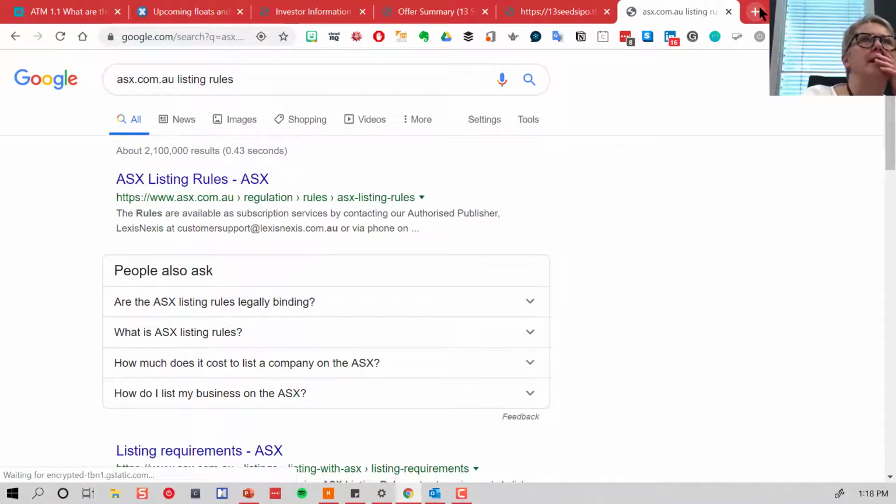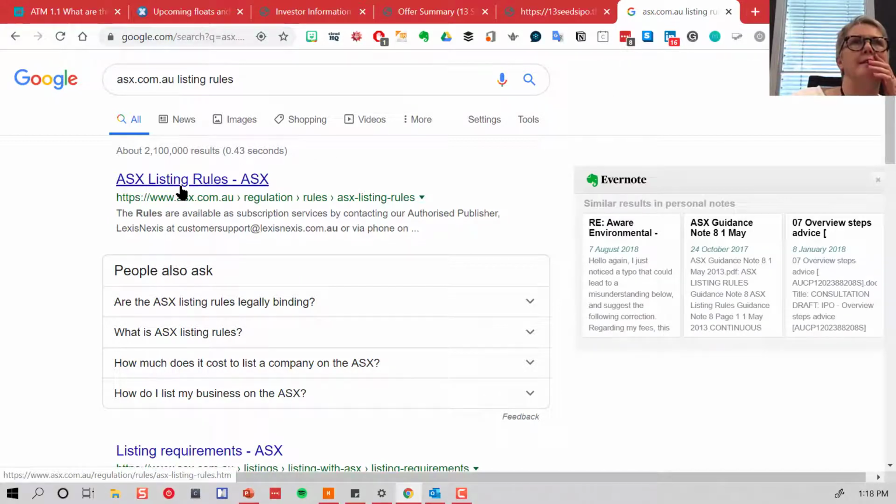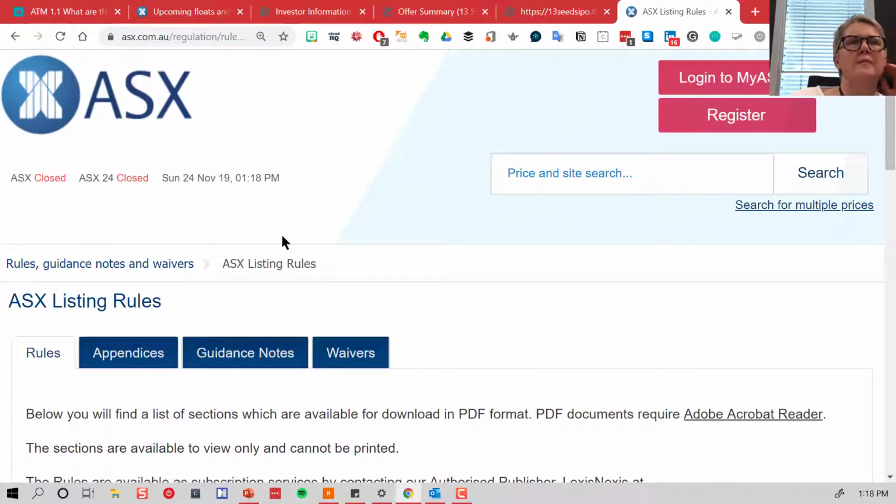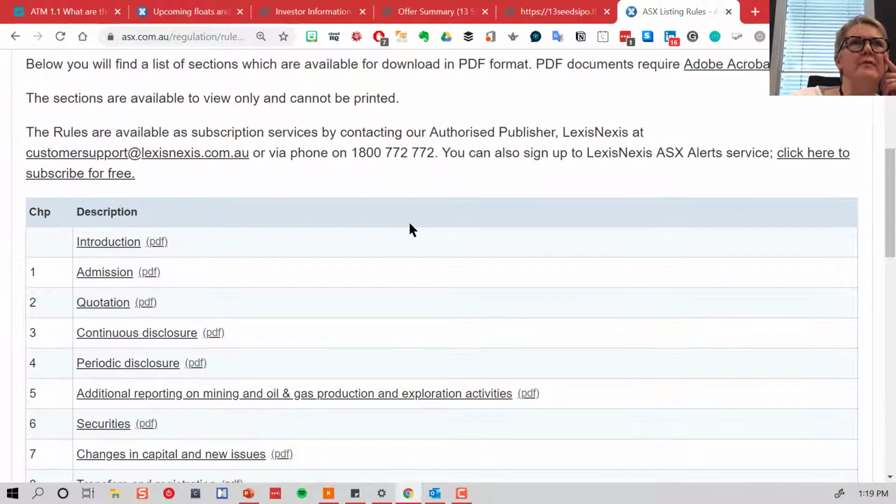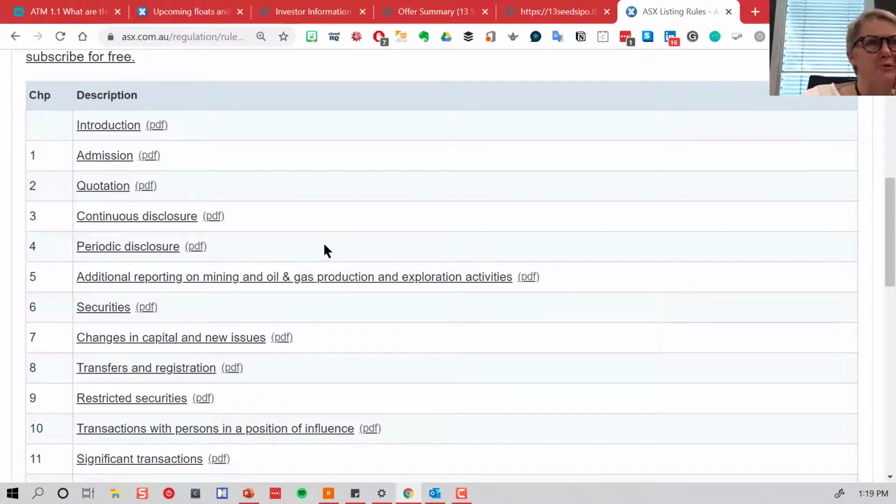But often the quickest way to get to them is just via the ASX website. A very peculiar thing, I think, just as an ode to somebody making money along the way: you can't actually print the listing rules when you find them on the stock exchange website, which is relatively useful, I think. It stops me from printing things. You can pay for a subscription that allows you to print, but otherwise the rules are available for all to see but not to print out.